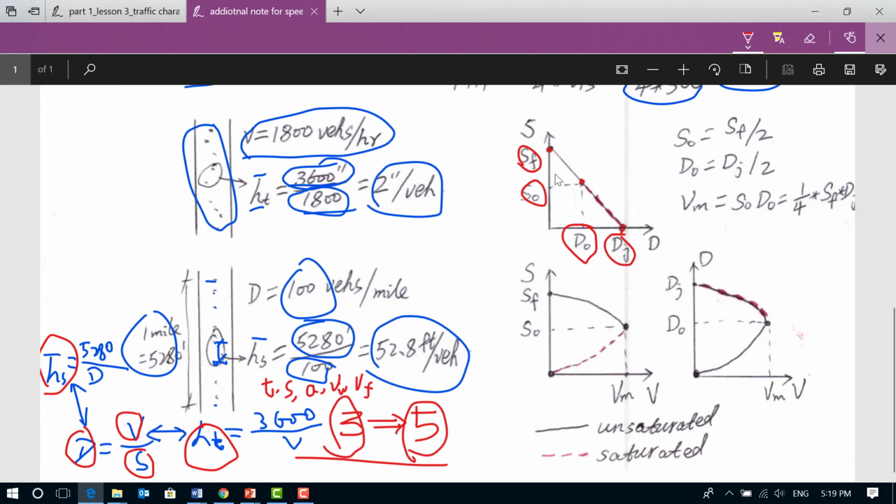So we get these points, and we can connect these 3 points with a straight line. The first part is a solid line. It represents unsaturated situations, where the vehicles can move forward relatively fast. The second part is the dashed line. It represents saturated situations, which means the density and volume are relatively high and the speed is relatively low. That's the relationship between speed and density.